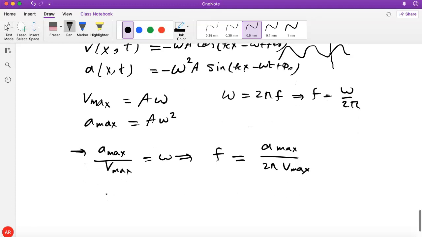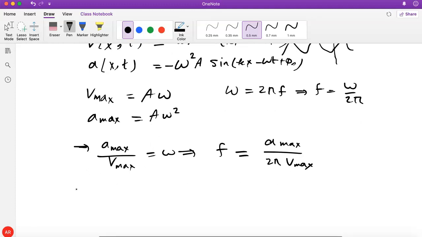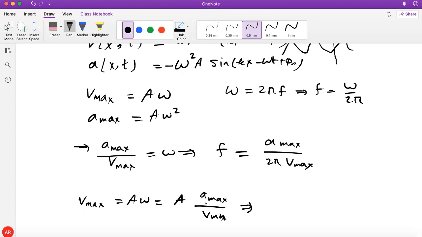And then to find a, the amplitude, let's plug it in. So plug it into, for example, the first equation. So we have v max is a omega, which is a times a max over v max. So from here we can solve for a. A becomes v max squared divided by a max.